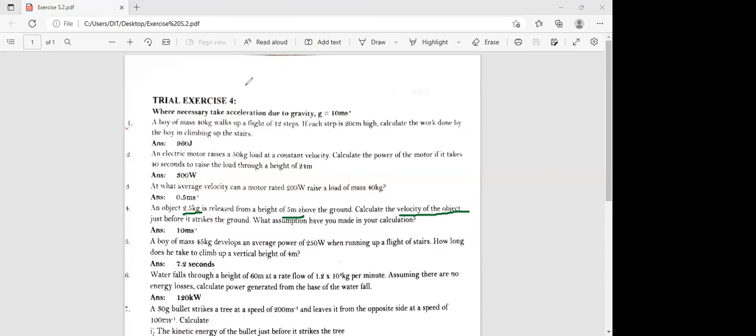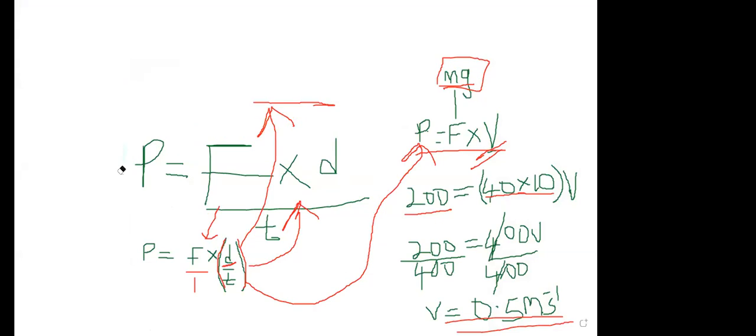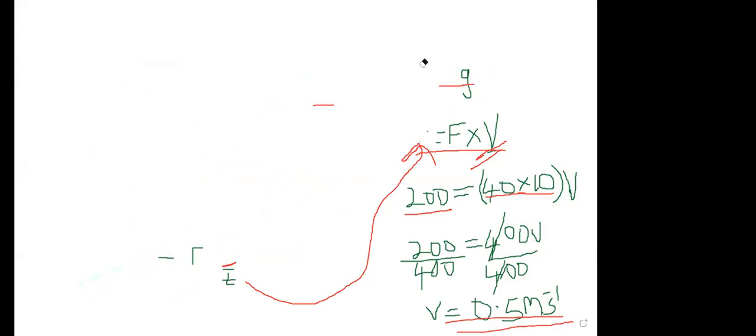When we were studying work, power, and energy, in the lesson that we had last week, we talked about energy. And in energy, we talked about some forms of energy.